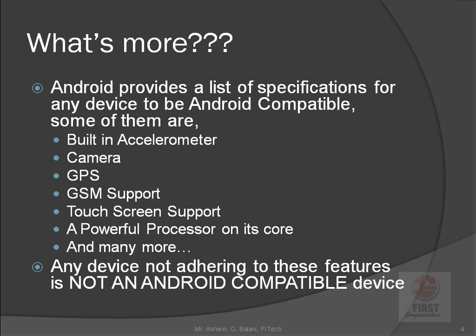Now this is very important. Any device which does not adhere to all these features is not an Android compatible device. That indicates that if a device does not have all these features, then that device will not be able to access the Android market, or that device will be a non-compatible Android device.